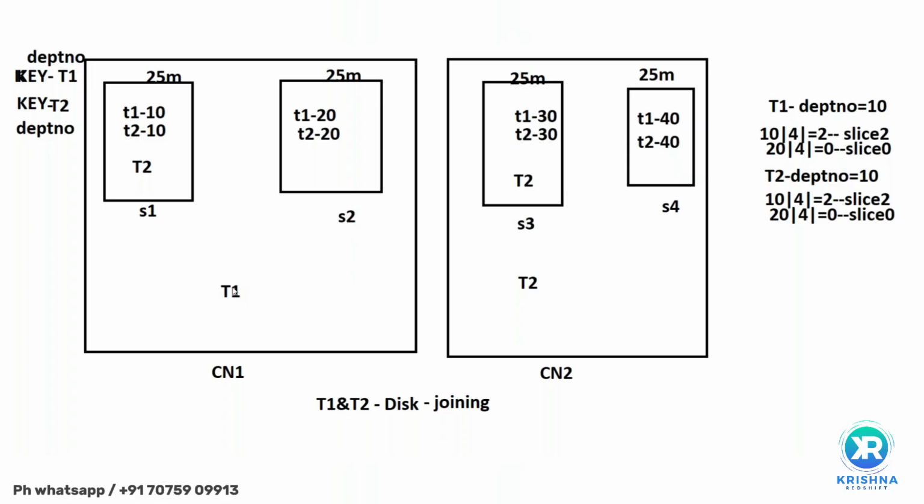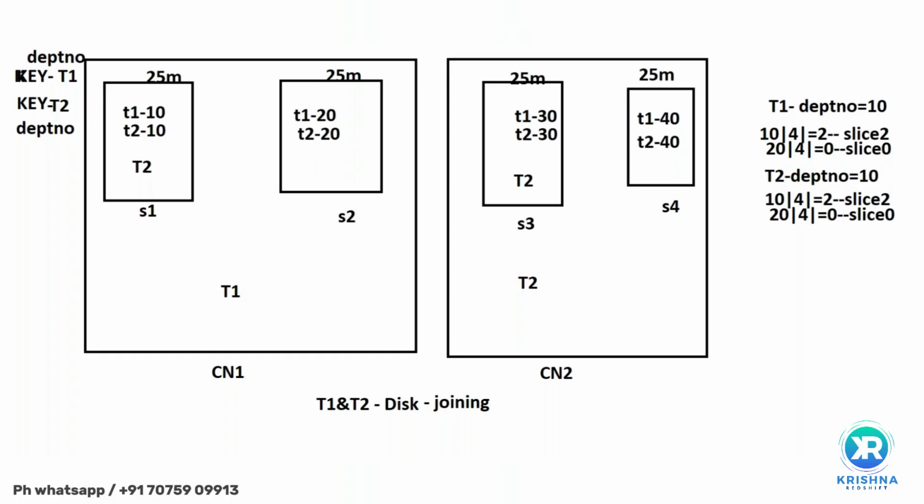Even then, we don't know which record will go to which slice, because this is just evenly distributed. For joining, last time we discussed some joins. On a high level, a matching value should be there for joining.